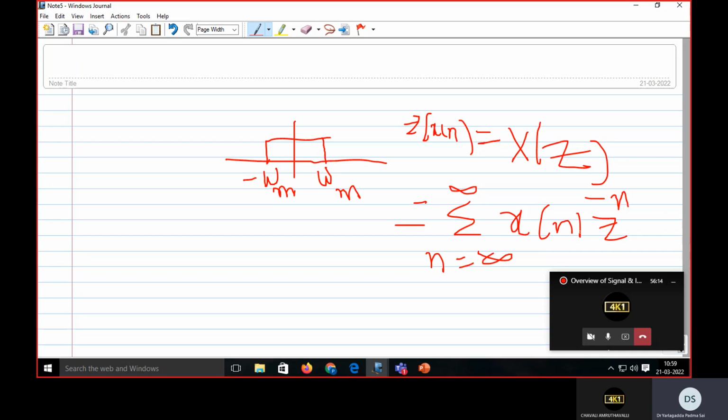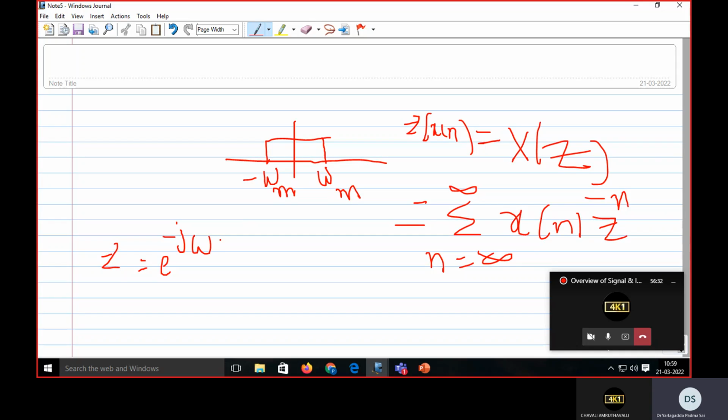Suppose I want the DTFT. You already know z is replaced by r e power j omega. When you want discrete time, r is evaluated on the unit circle. So you get e power j omega t; don't bother about t.